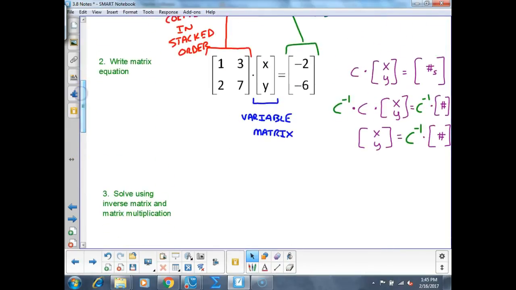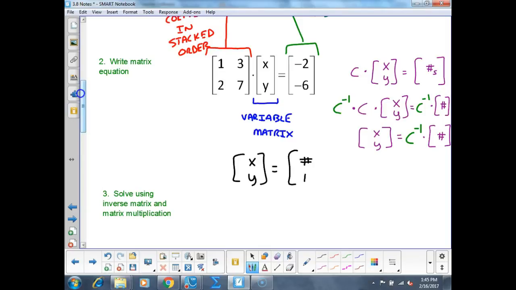And then that is going to give me the matrix XY, and that's going to equal 2 numbers in this particular case. Okay? And then X should be equal to 4. When we do this, the top number should be 4, and the bottom number should be negative 2.